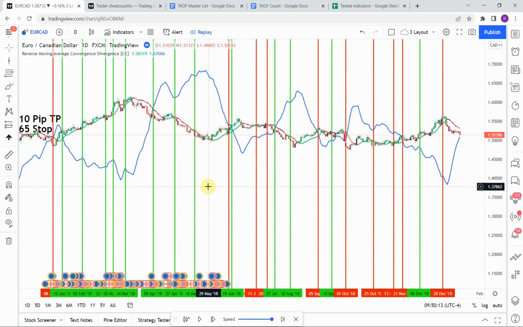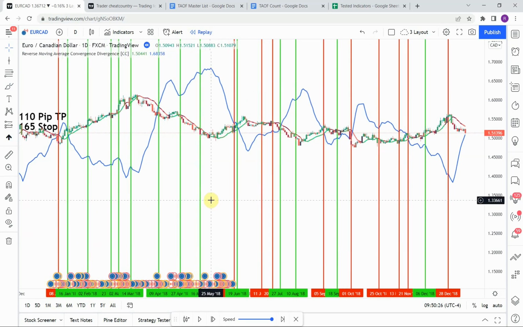And we have 1, 2, 3, 4, 5, 6, 7, 8, 9, 10, 11, 12, and 13 winning trades. And so that is barely going to miss that 60% criteria that we are looking for.